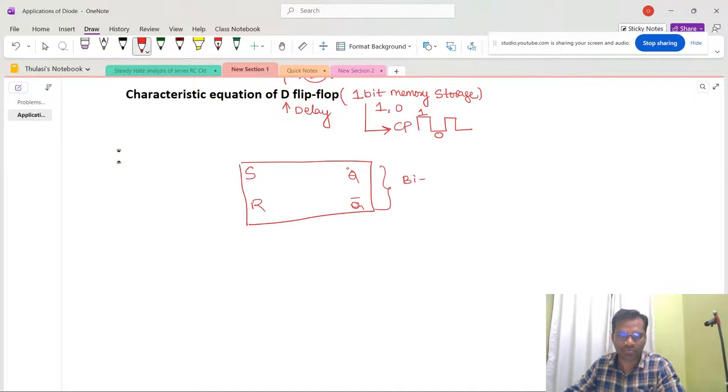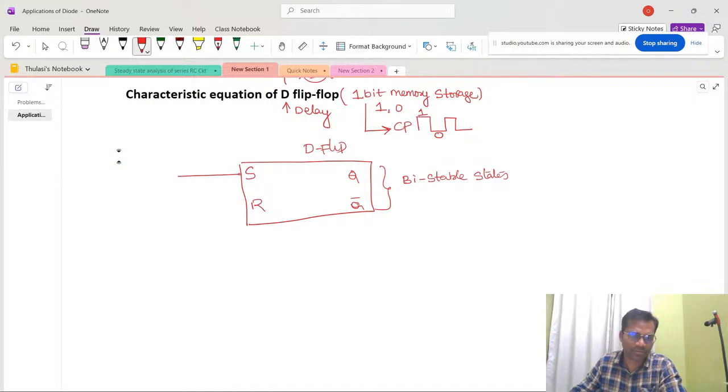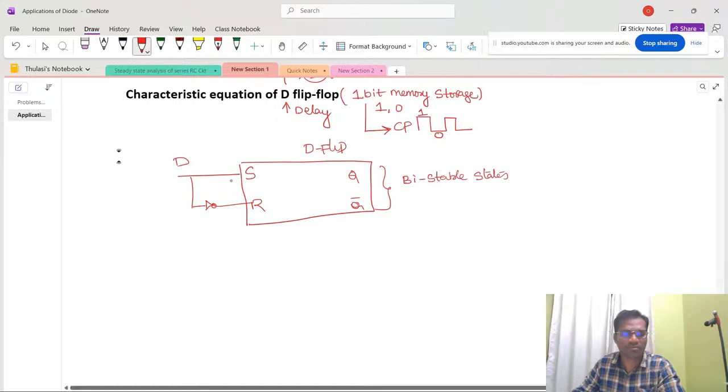I mean, two stable states are available at the output of the D flip-flop. To connect this D flip-flop, one input is D, and the other input you pass through an inverter and connect to R. This is how the circuit diagram of a D flip-flop looks.